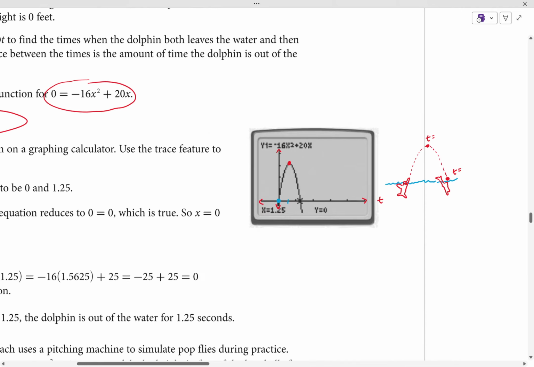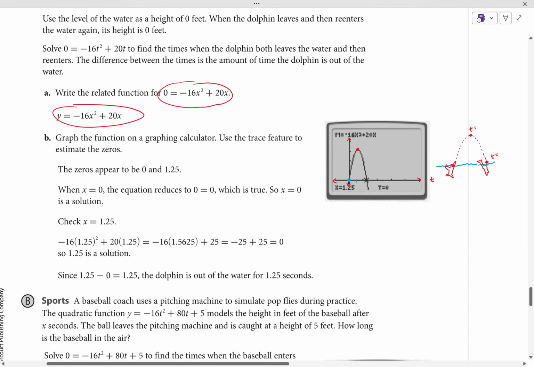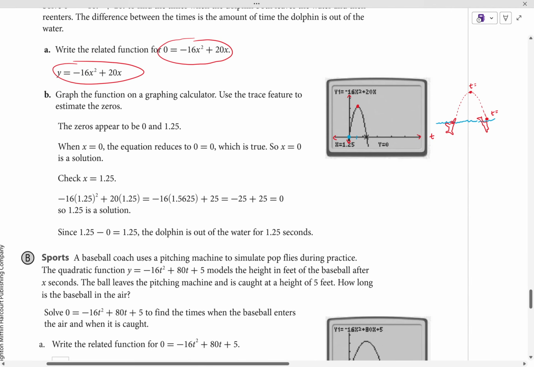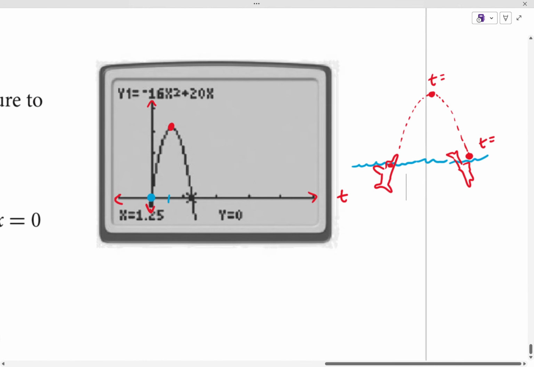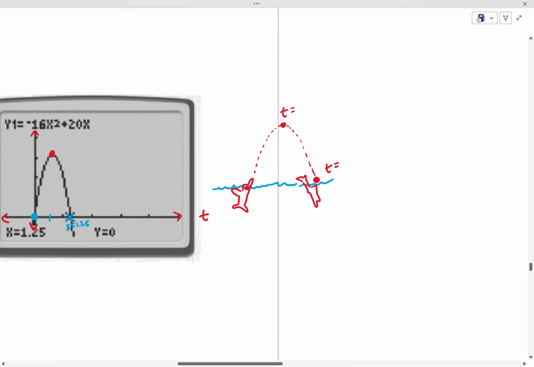Okay, so let's look here. They use the graph. Okay, so what they did is on the graphing calculator, there's a way to do it. Don't worry too much about it though. It's easier on Desmos. They use this trace button to tell me that actually right here, x is equal to 1.25, or really, we really want t for time. So that means it's going to take 1.25 seconds for the dolphin at this point in time to get there.